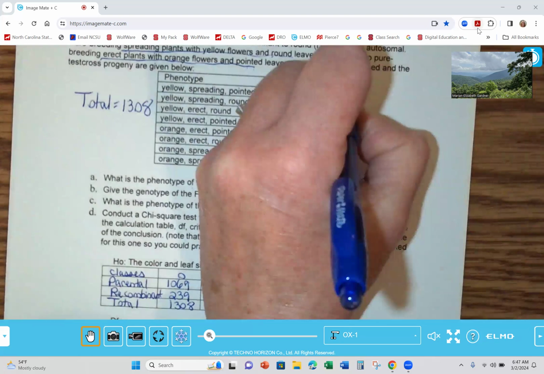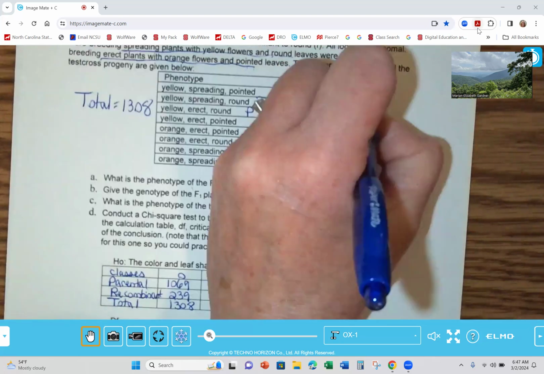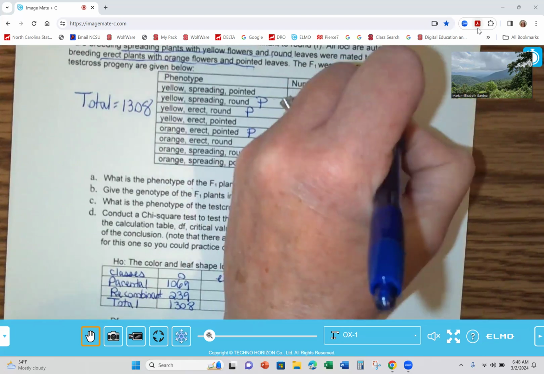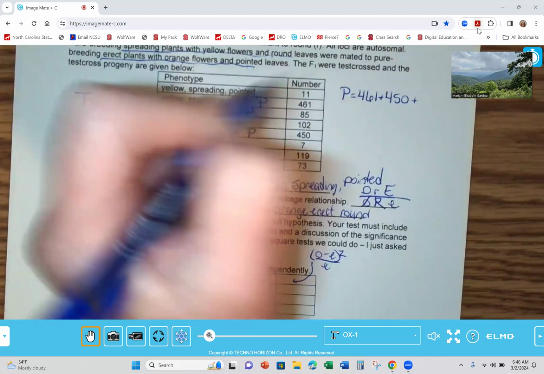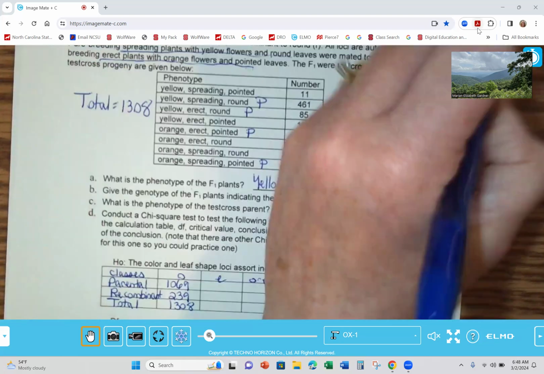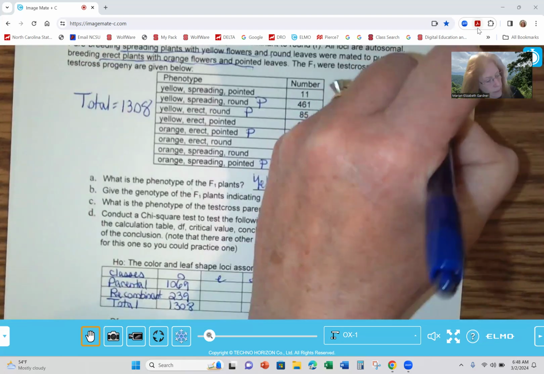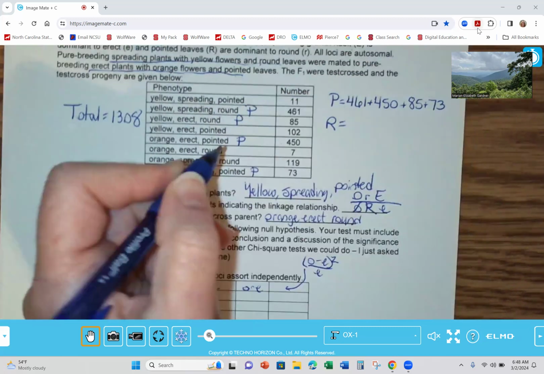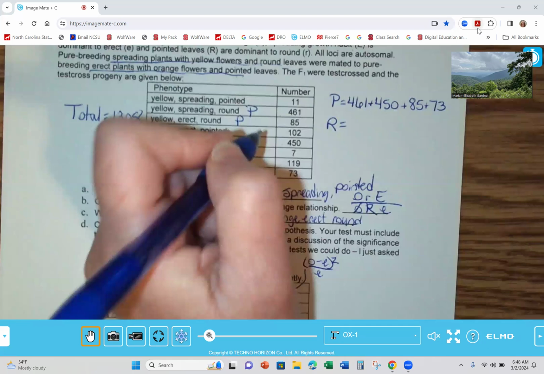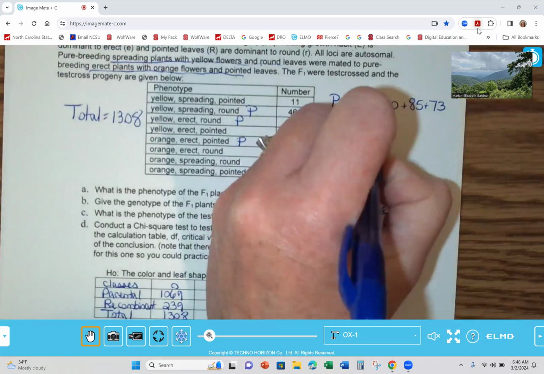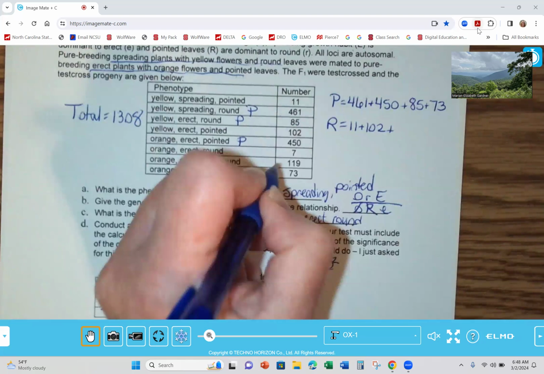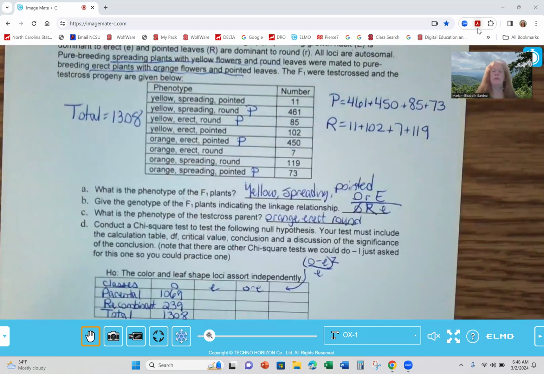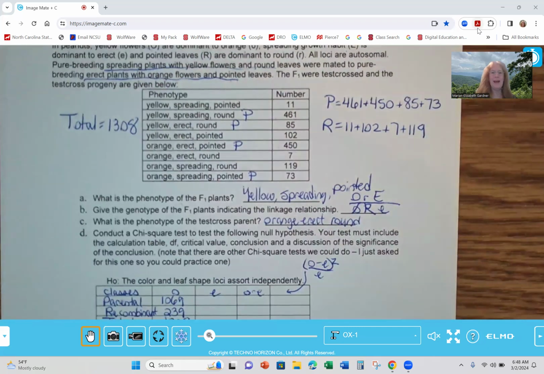So the parental was 461 plus 450 plus 85 and 73. And the recombinant was 11, 102, 7, and 119. Just so that it's easier to go back and work through that if you want to.